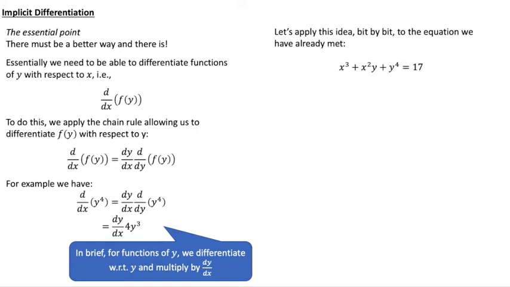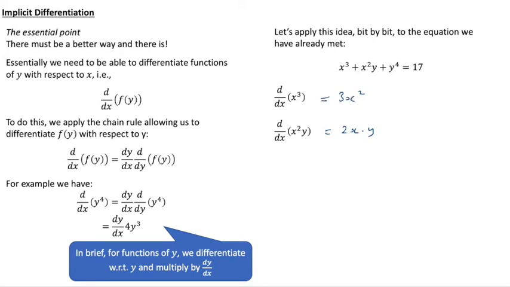We can apply this idea bit by bit to the equation that we've already met. We want to differentiate with respect to x, so we'll start with x cubed. d by dx of x cubed is 3x squared. That's quite straightforward and familiar. Now we need to differentiate x squared y. So this is a product of functions. We've got x squared times y. So we differentiate the first function, x squared differentiates to 2x, and we times that by the second function, which is y.